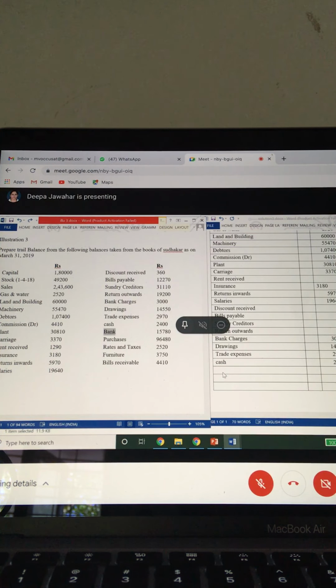Bank account, debit. Purchases, expenses. Purchases, it's an expense. Since purchase is an expense, the balance would be debit.